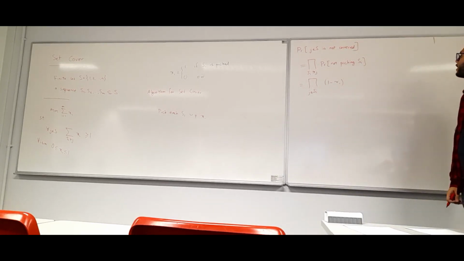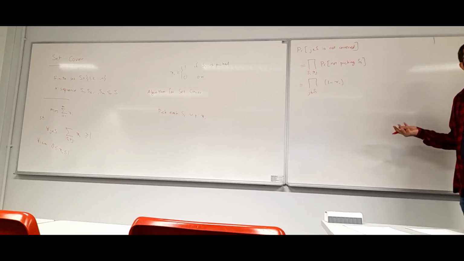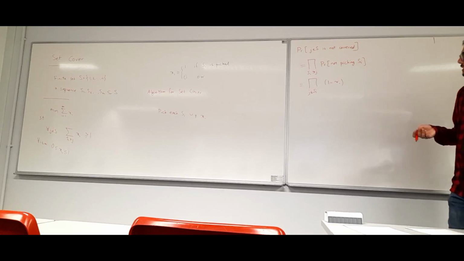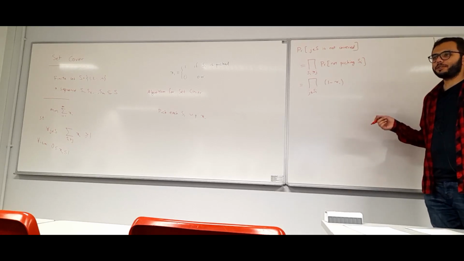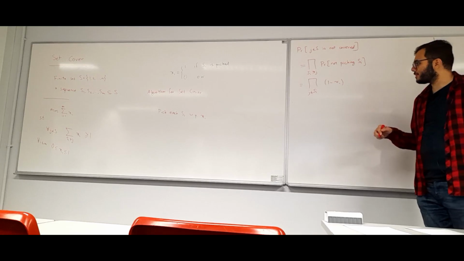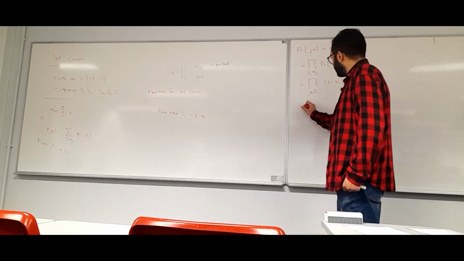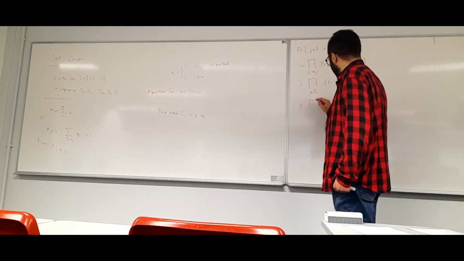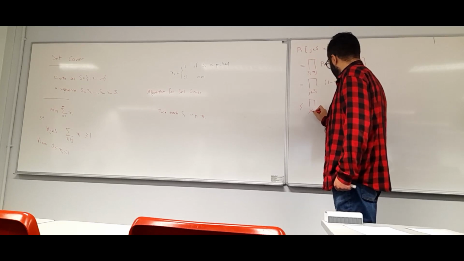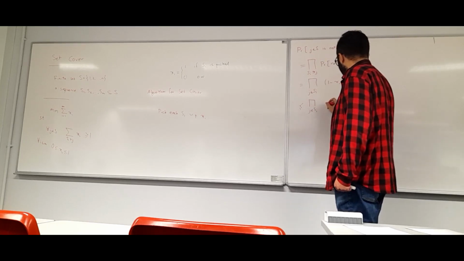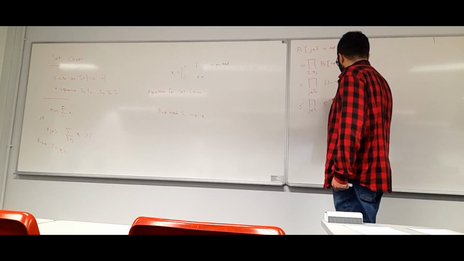Okay. Now we apply our favorite inequality, which we applied in every single one of the algorithms that we were analyzing in the randomized algorithms part. And that's 1 minus x is less than or equal to e to the power of minus x. So this is less than or equal to the product over j in Si of e to the power of minus xi.